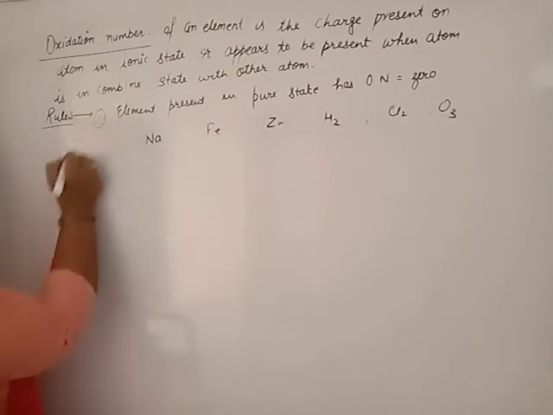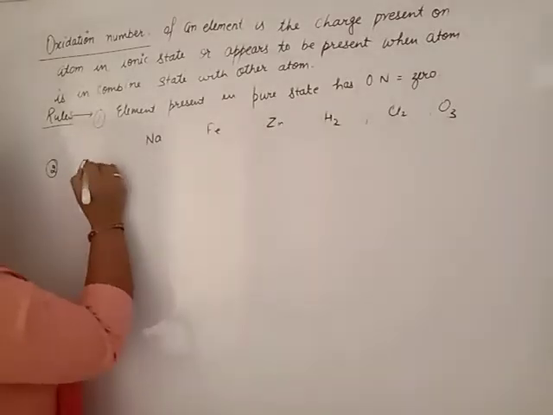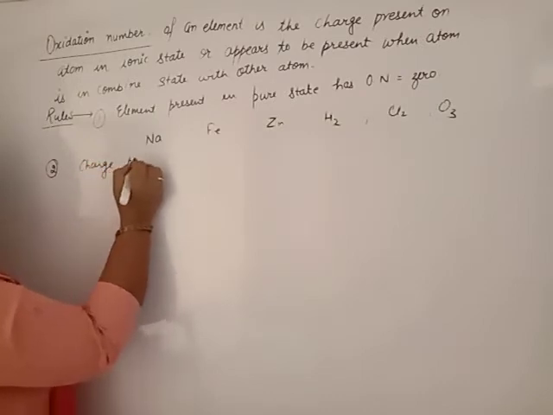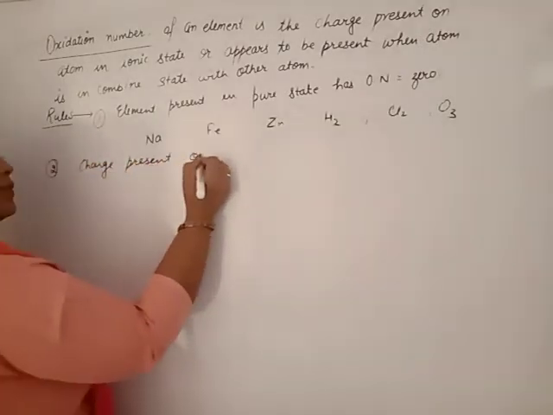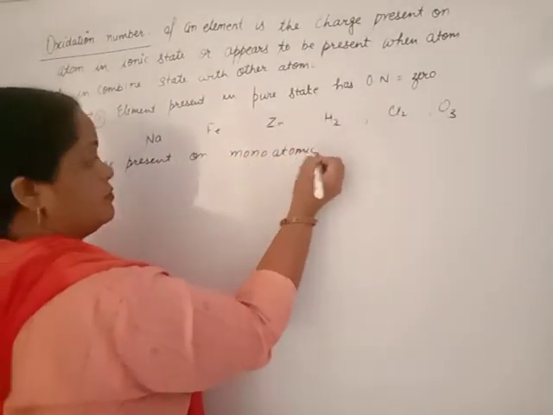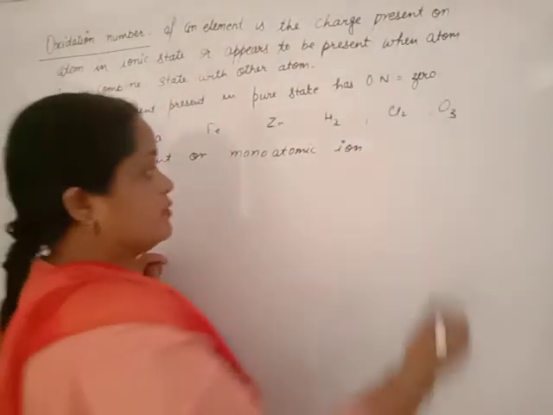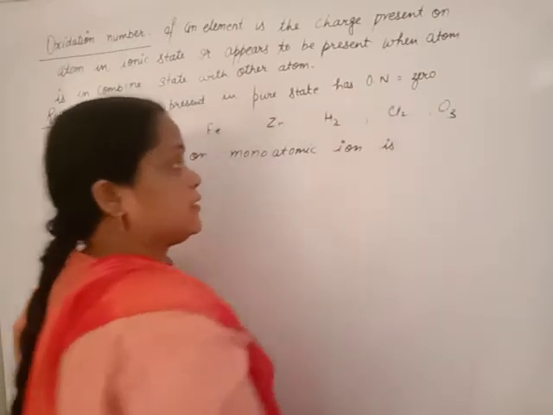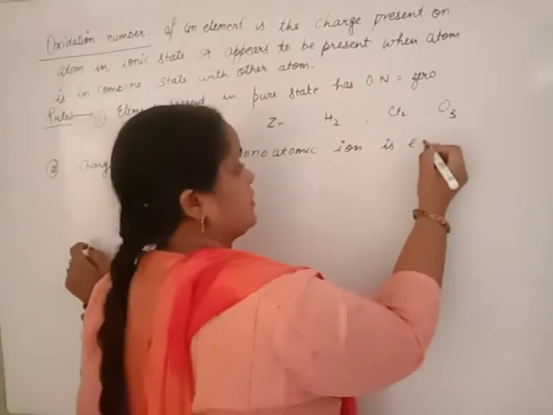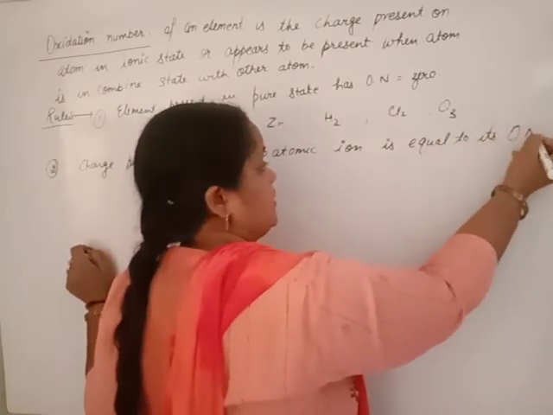Second rule: the charge present on a monoatomic ion is equal to its oxidation number.